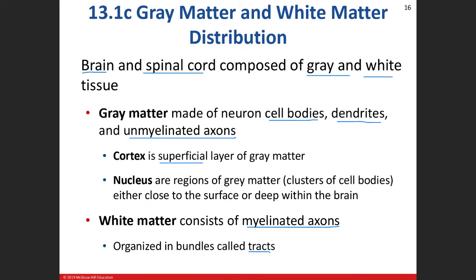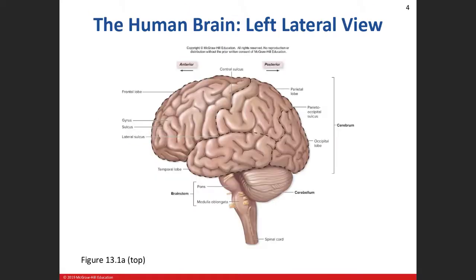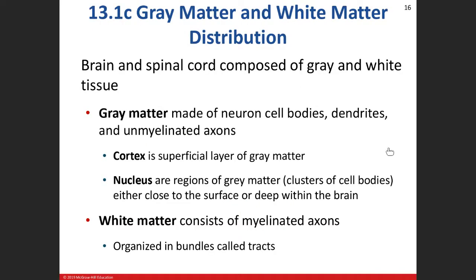A perfect example: when we were looking at these pictures of the cerebrum, all this that we're seeing here on the outside, that's gray matter. So we refer to that as the cerebral cortex. That's like the shell, like a hard-boiled egg. In this case, it's a gray shell instead of a white shell. And the yolk and everything underneath will be the white matter.